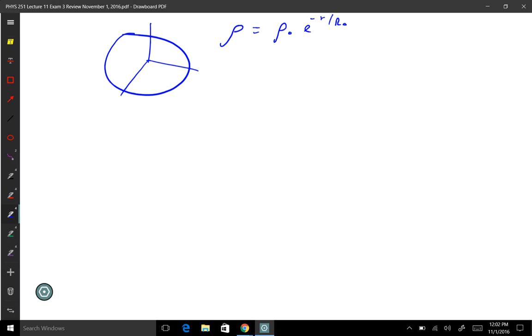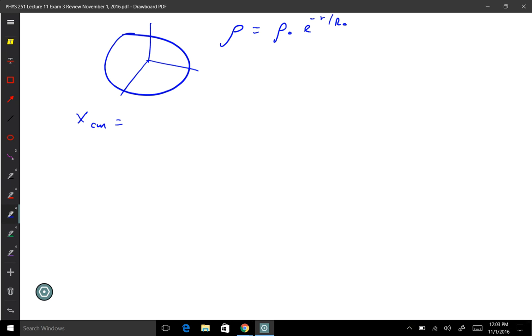Exponential decay of the density. So if I want to find the x center of mass, I need to find what my x variable is in terms of the spherical coordinates, or I need to find what r is in terms of x, y, and z. I have 2 ways I could do this.